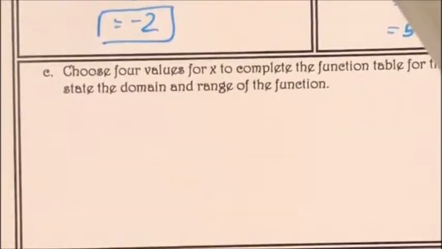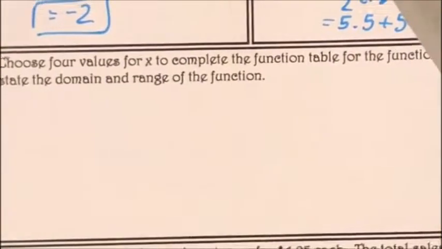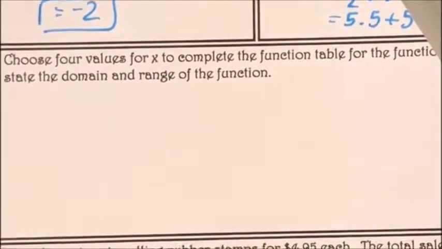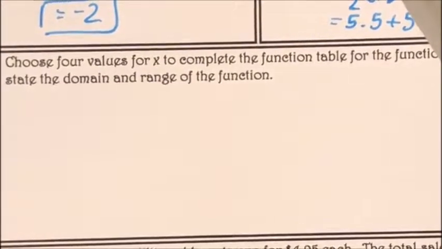Letter C says choose 4 values for x to complete the function table for the function f of x equals x minus 7. Then state the domain and range of the function.